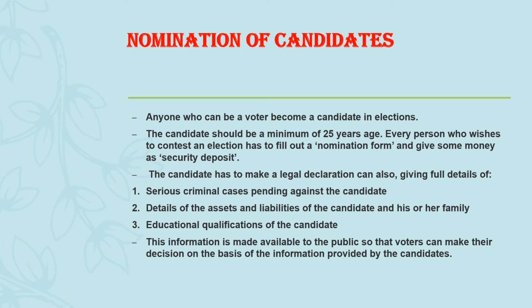The candidate also has to make a legal declaration, like serious criminal cases pending against the candidate, details of the assets and liabilities of the candidate and her family, and the educational qualification of the candidate. Students, this information is made available to the public so that the voters can make their decision on the basis of information provided by the candidates.